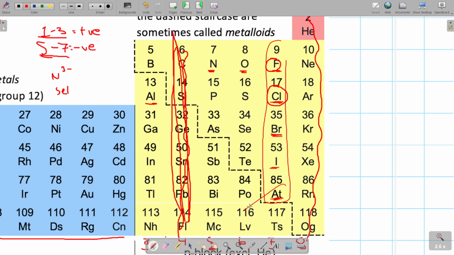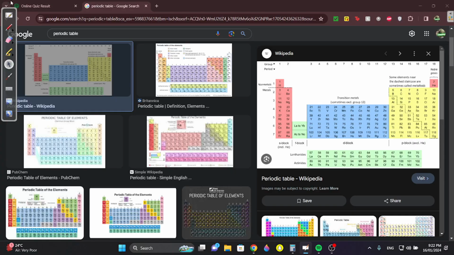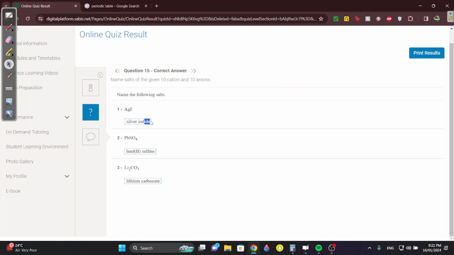So you have to know that. They always end with IDE. I is in group 7, iodine. Silver iodide. And don't put capital letters.